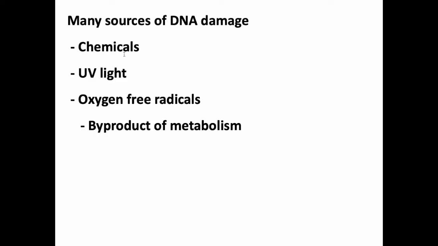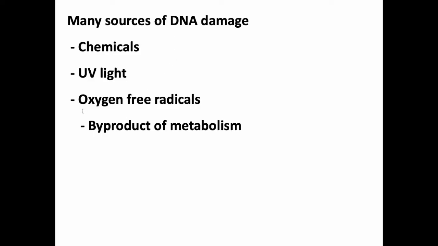There are tons of different chemicals that could cause damage to DNA in a lot of different ways. We can try to avoid these, obviously, but it's hard to avoid ultraviolet light. If you're exposed to sunlight, you're exposed to some amount of ultraviolet light. You could limit your exposure by wearing a hat, putting on sunscreen, but ultraviolet light does cause DNA damage.